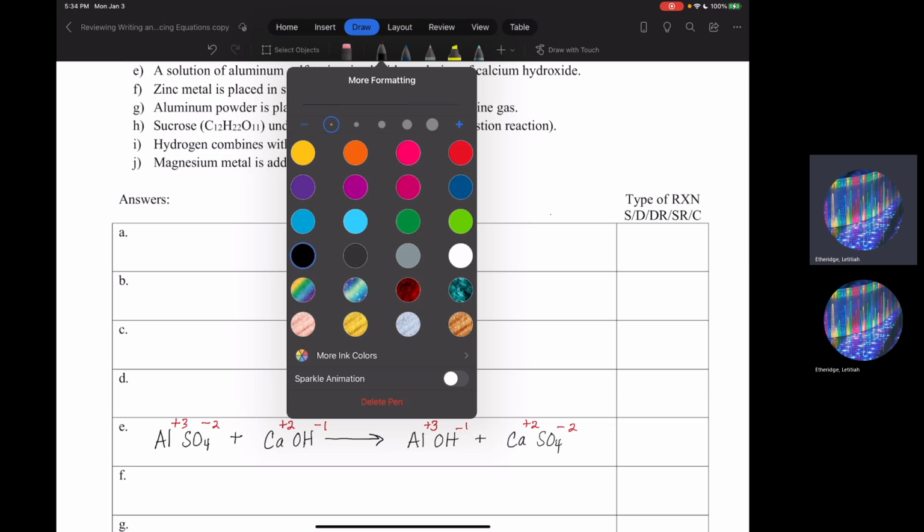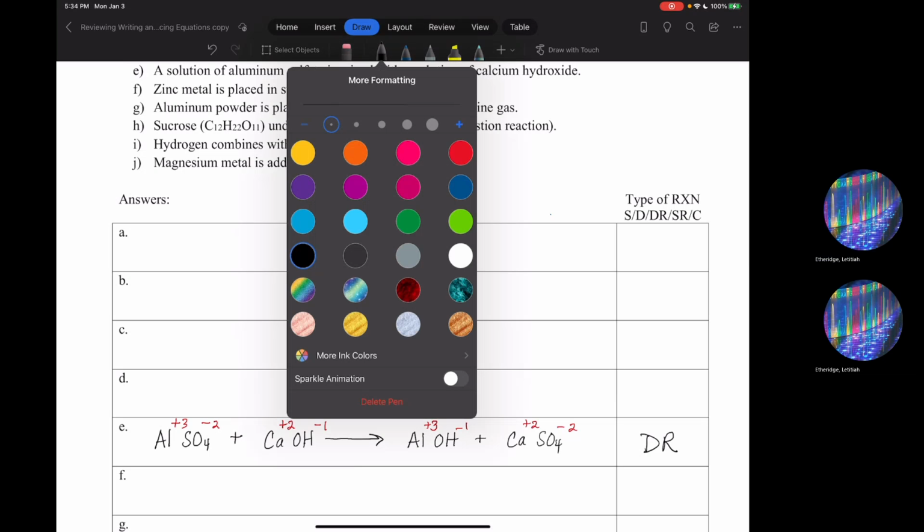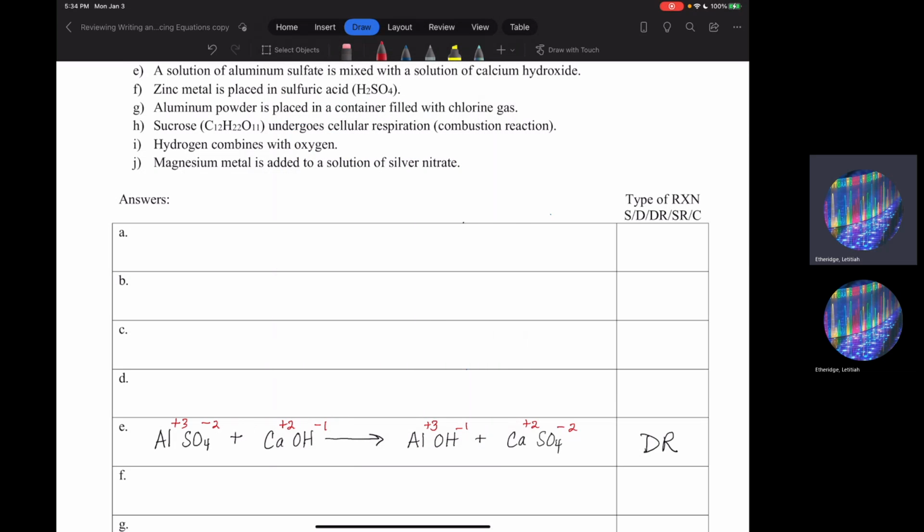All right. Let me back up for a second and just write in that this is a double replacement reaction, just so that we're all on the same page. And now let's go back and write the formula properly. Remember, we are going to cross the number, not the charges. So we're going to have Al2, and then I'm going to need 3 of those. Over here, we have calcium.